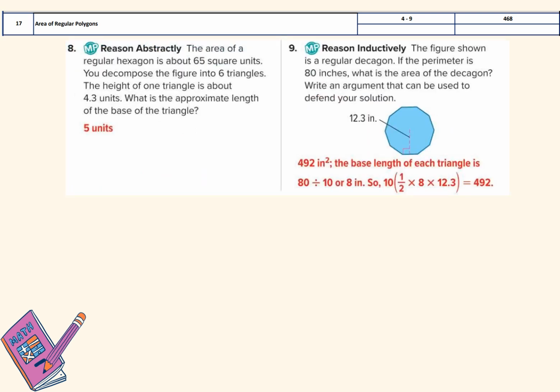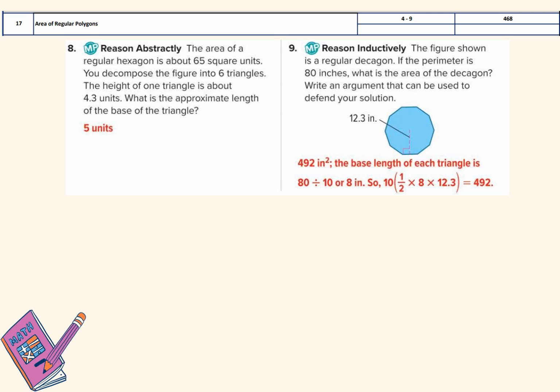Okay, now I'll be solving questions 8 and 9. In question 8, the area of a regular hexagon is about 65 square units. You decompose the figure into 6 triangles. The height of one triangle is about 4.3 units. What is the approximate length of the base of the triangle?